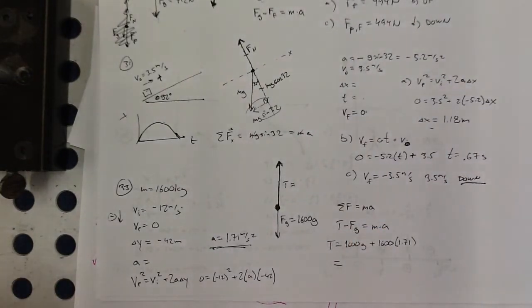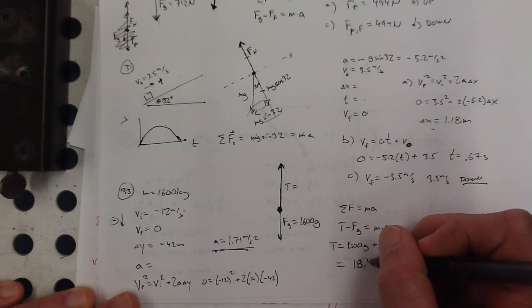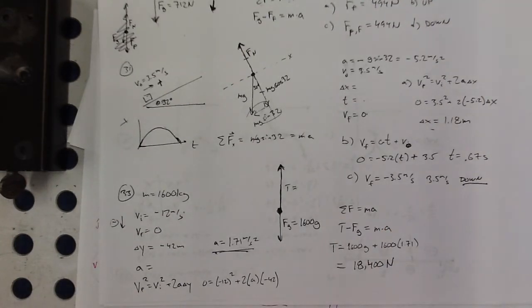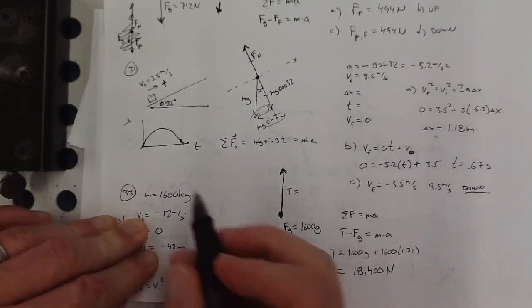So that tension is about 18,400 newtons. What was this, 33? Yep, they went one less sig fig than I did. Guess they're correct. Oh well.